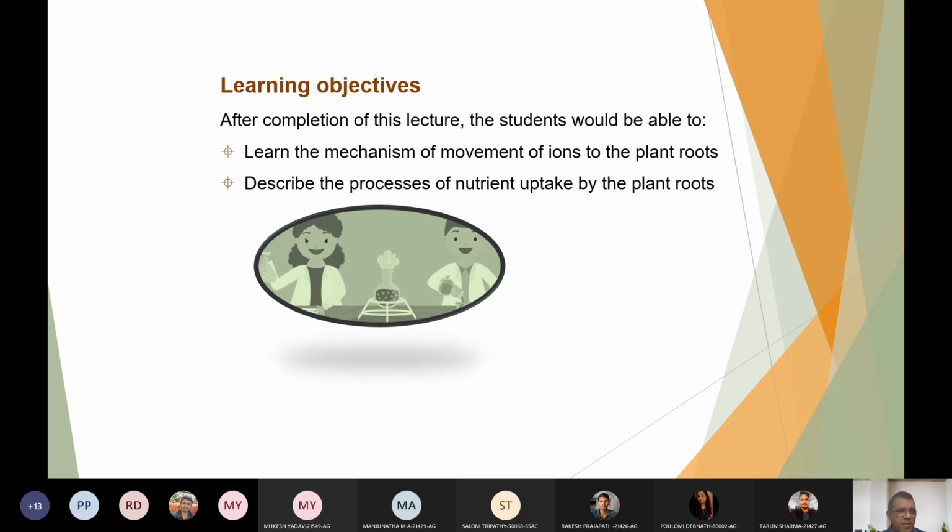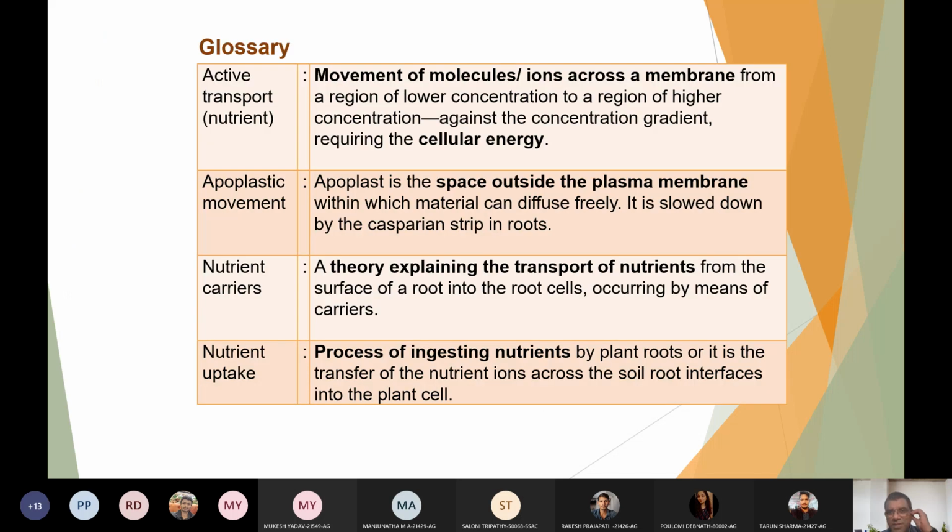So, some terminology: active transport. We will see what active transport is. It is movement of molecules or ions, because some molecules also enter into the plant, maybe boric acid, maybe some other acids, some organic molecules also enter, across a membrane from a region of lower concentration to a region of higher concentration.